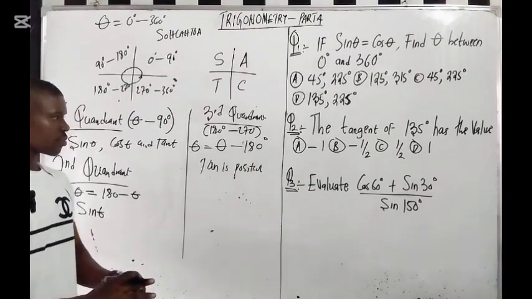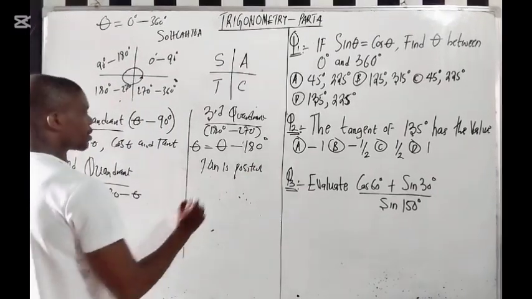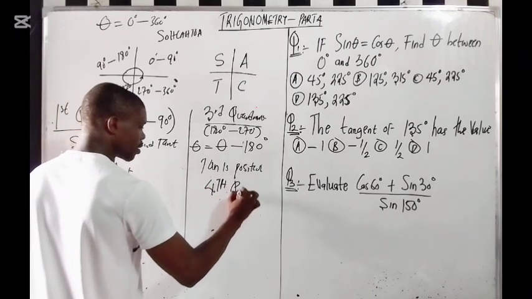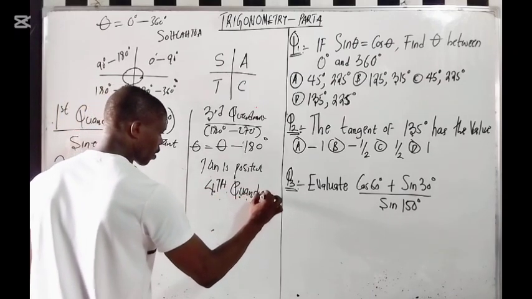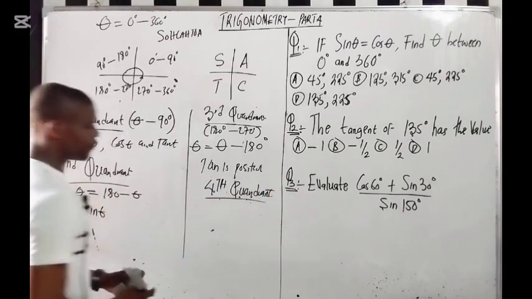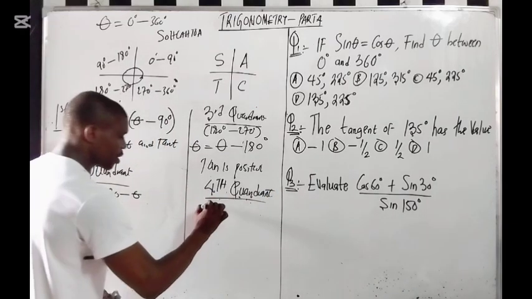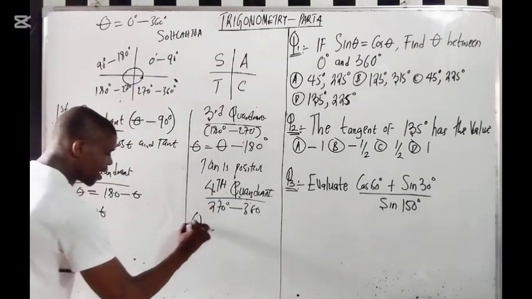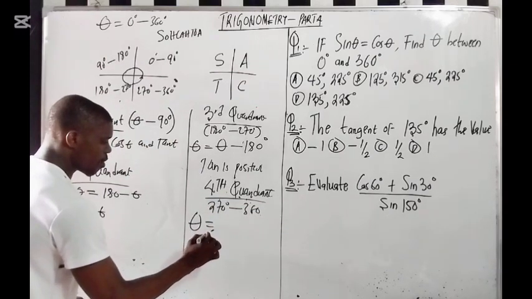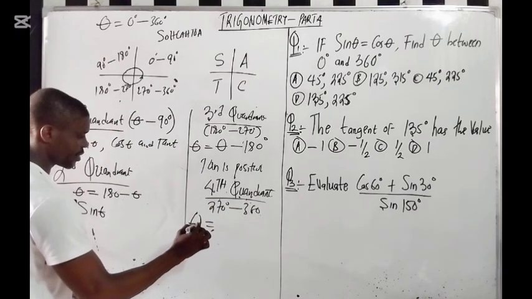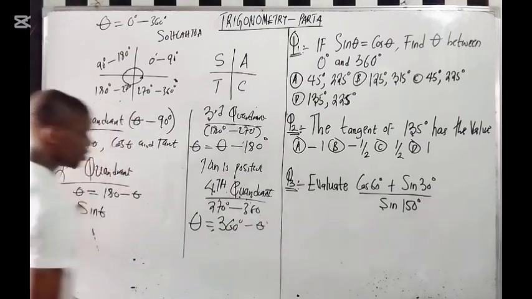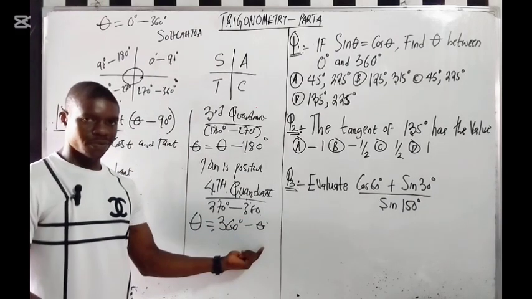Hope you understand. Then in the fourth quadrant, which is between 270 degrees and 360, the angle here is 360 minus theta, minus the angle.